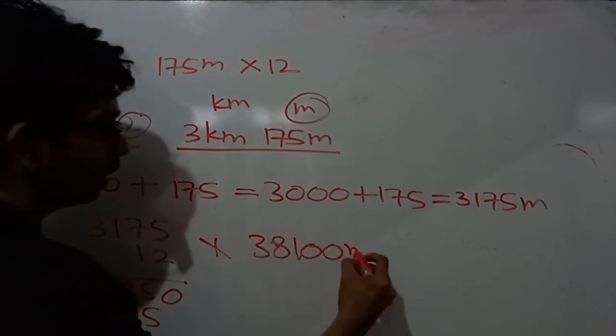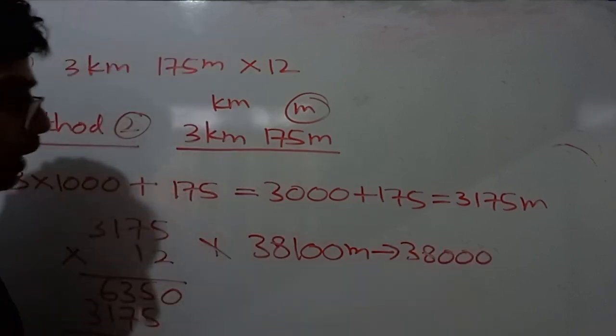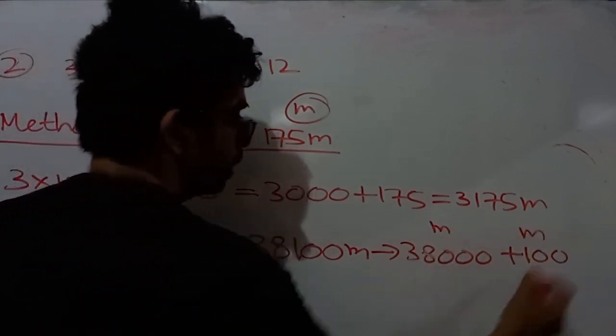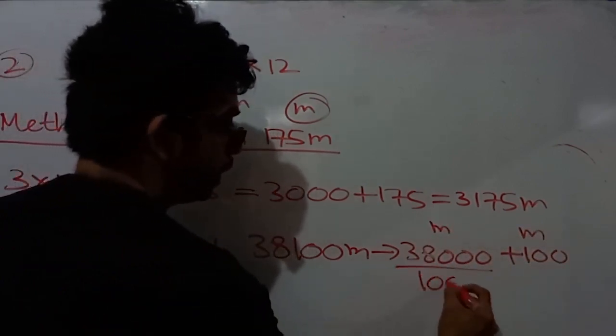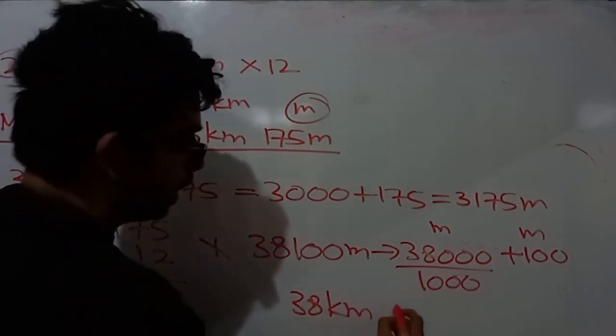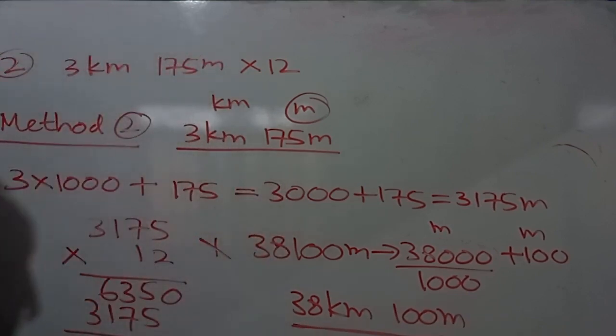These are what? These are meters. So we can break this into 38,000 plus 100. So this is meters and this is also meters. So we can divide this number by 1000, right? Then this becomes what? 38 kilometers and 100 meters. So that is the answer just as before.